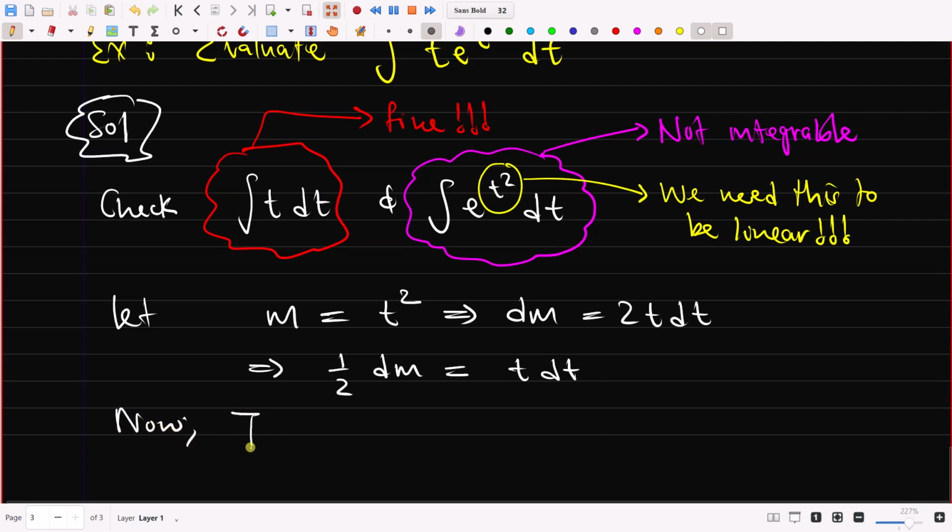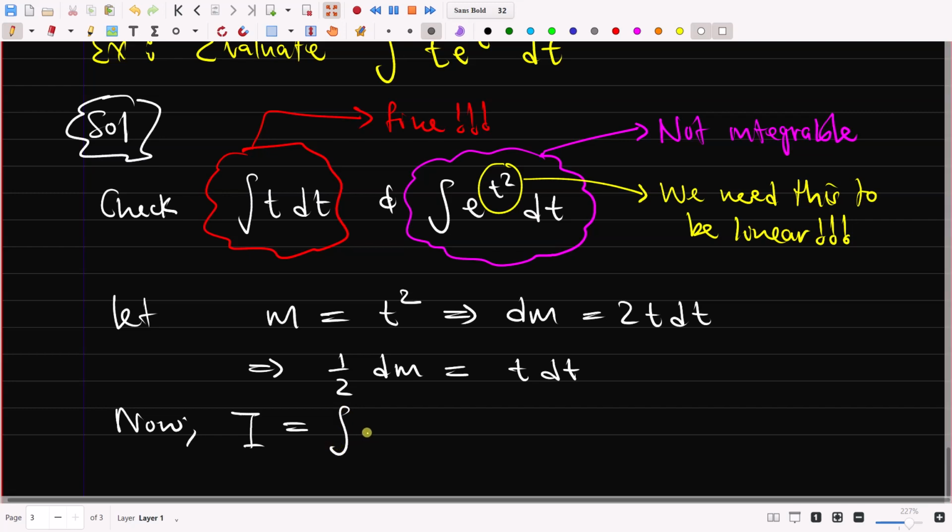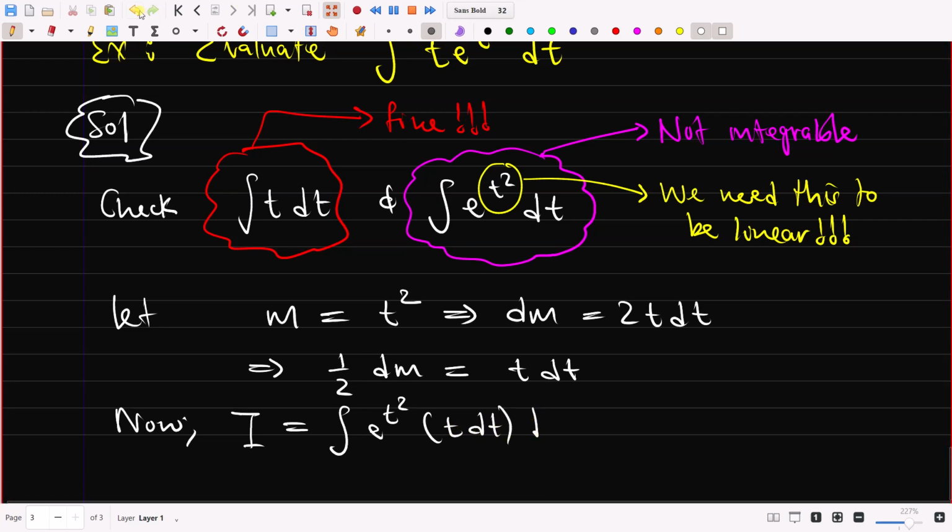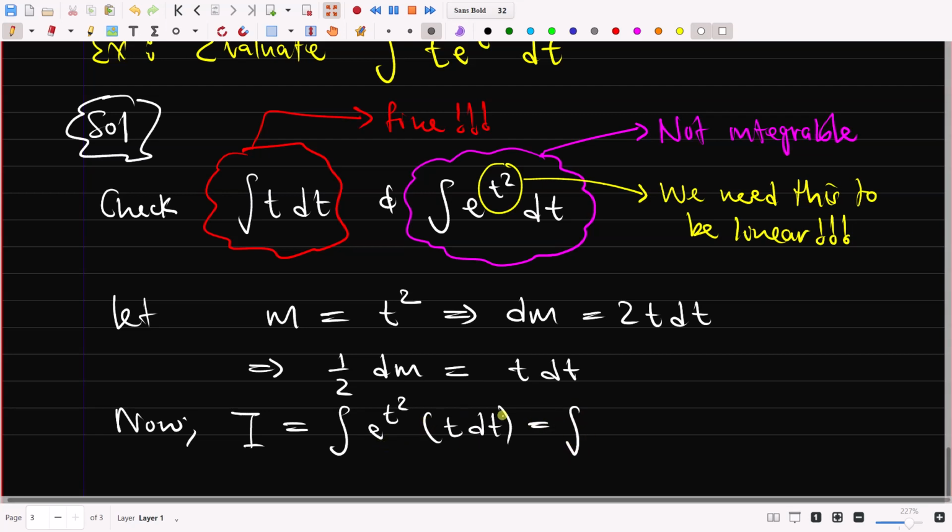So now, what do we see? We can see that our integral I can be written as e to t squared, then t dt. Which means it is going to be the integral of e to t squared, which is e to m. Then we can see that t dt is half of dm.